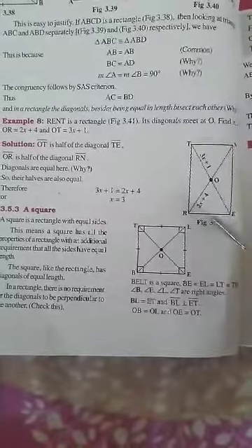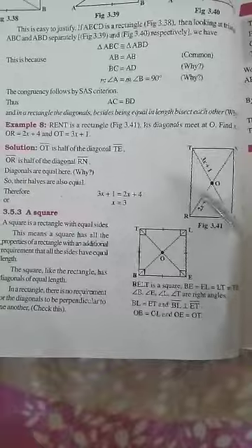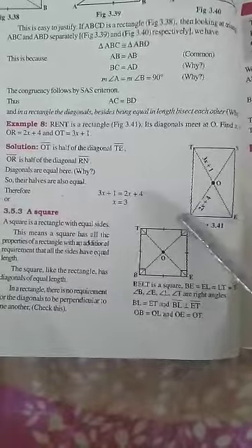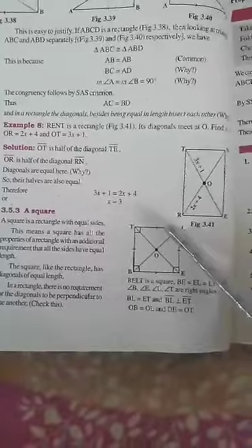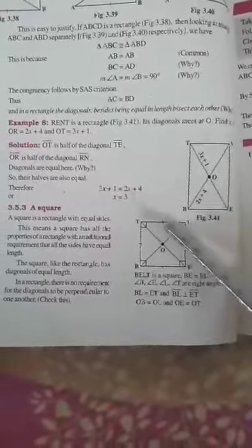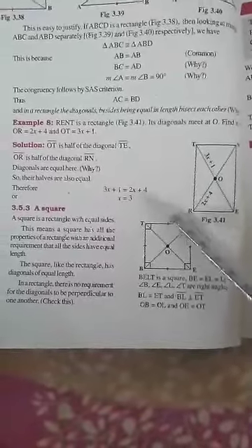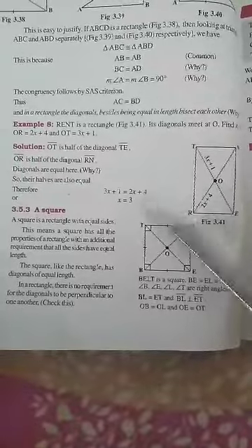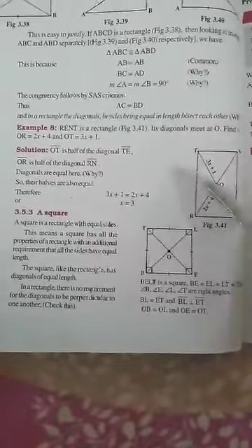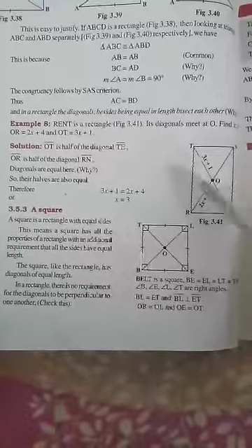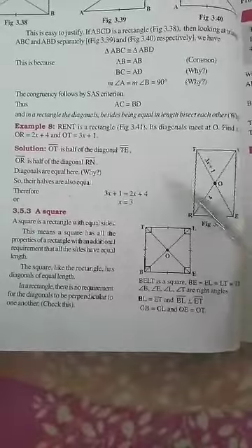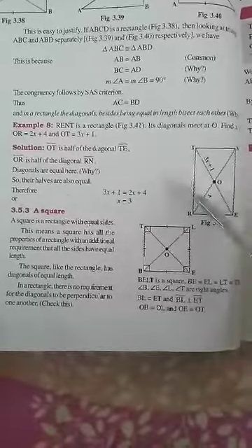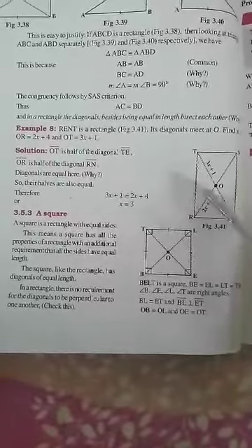As OT is half of TE and OR is half of RN, they are equal. So we can write it as their halves. If the diagonals are equal, then their halves are also equal. This is the midpoint, so these two also became equal. If the whole sides are the same, and we said this is half and this is half, then both are also the same. That's why OR is equal to OT.